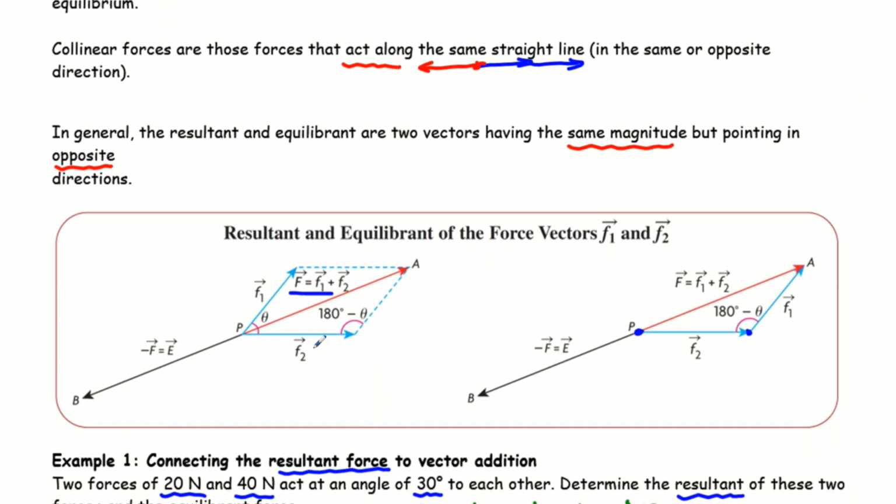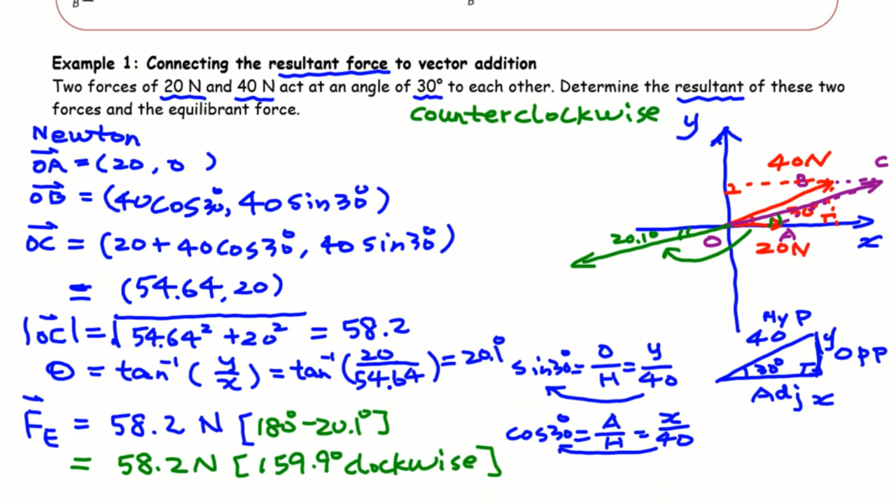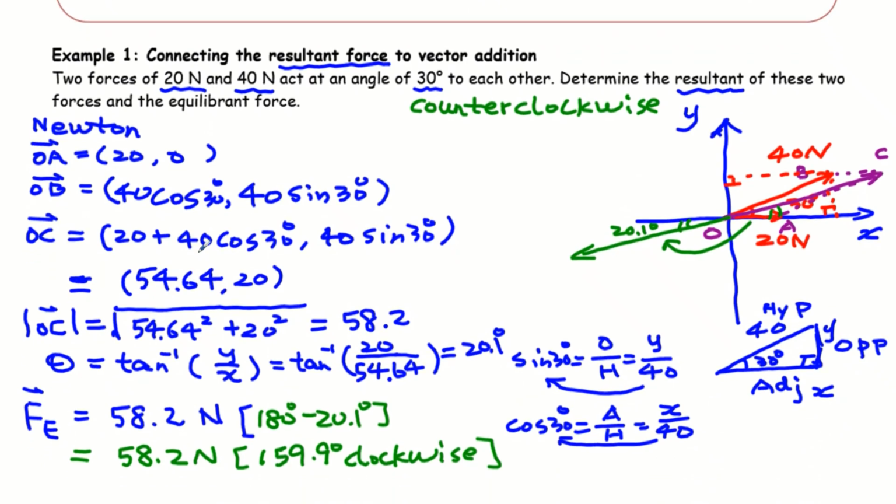So you could use a parallelogram to find the resultant force, or you could use tail to head, the first tail to the last head, to find the resultant force. Then we use the component vector method to find the resultant force.